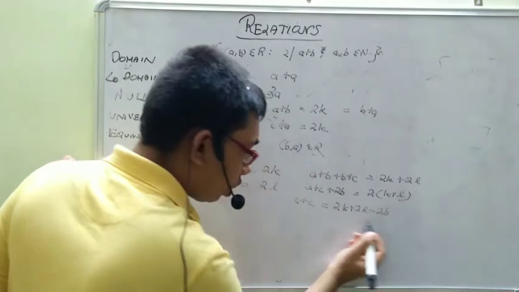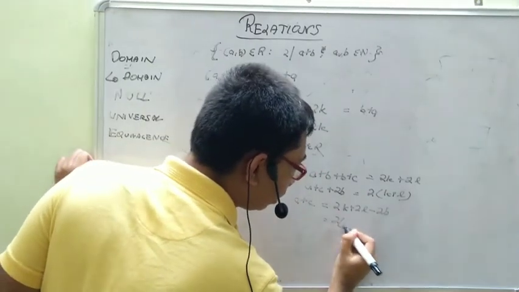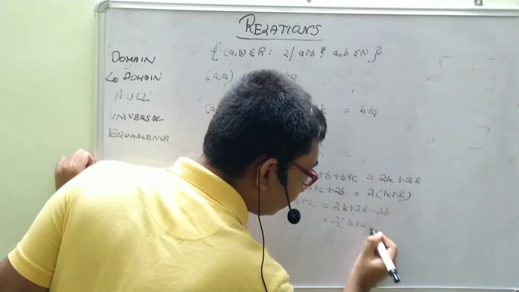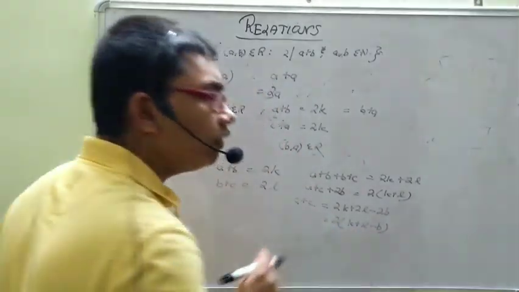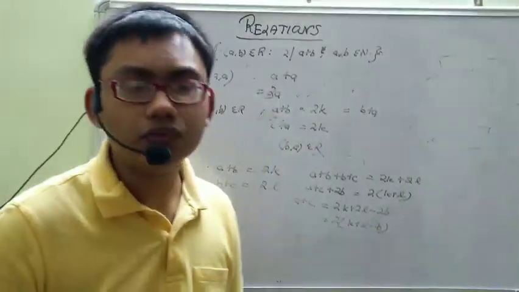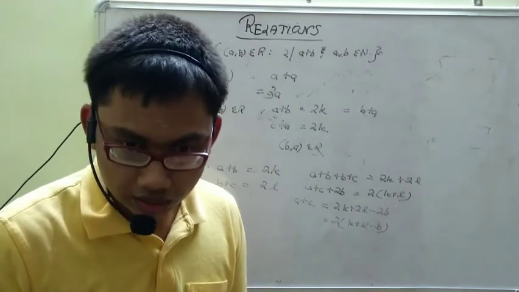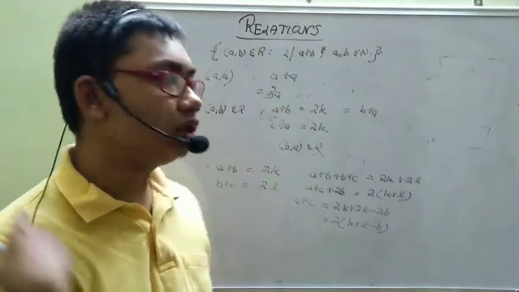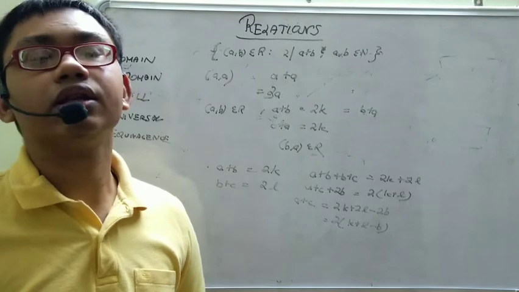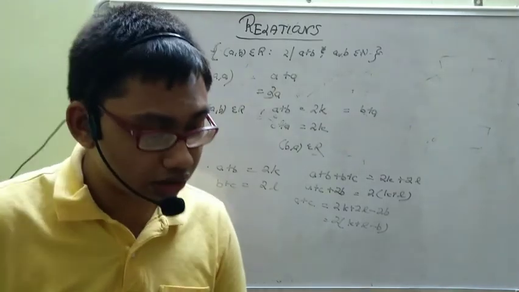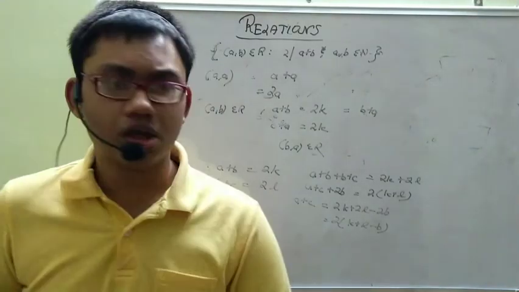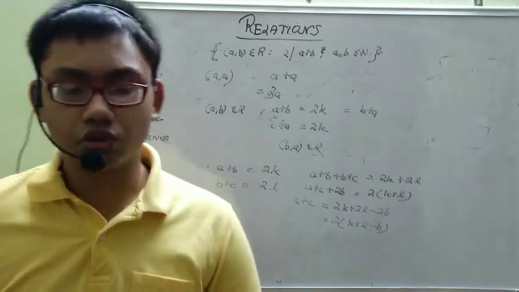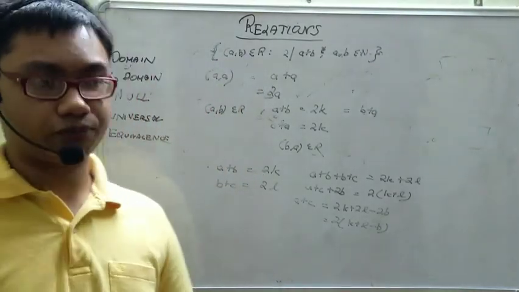Taking the 2 common, it is equal to 2 into (k plus l minus b). It is divisible by 2 and therefore a and c are also related. By all these three, we get that the given relation is an equivalence relation. This sort of question you can expect in your board exams.